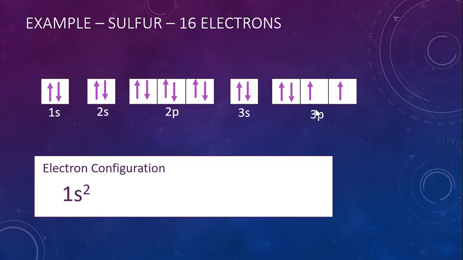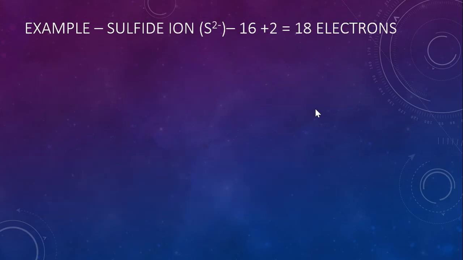So it has the electron configuration of 1s2, 2s2, 2p6, 3s2, and 3p4. Now, what if we had the sulfide ion? The sulfide ion is the sulfur with a -2 charge.